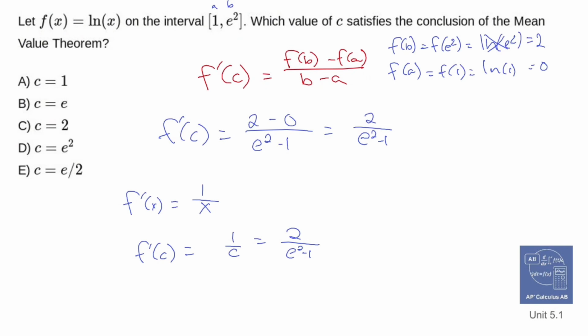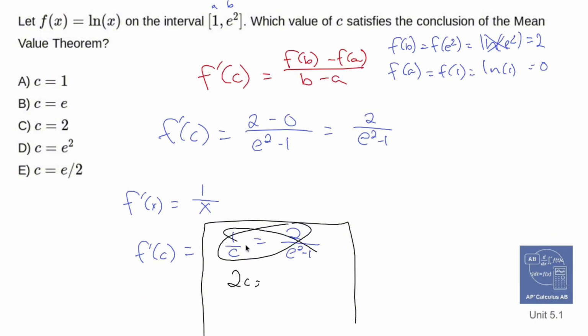Now I'm focusing on this part right here. Crisscross applesauce: 2c equals 1 times e squared minus 1, which is just e squared minus 1. And then divide everything by 2. So c is going to equal e squared minus 1 all over 2.